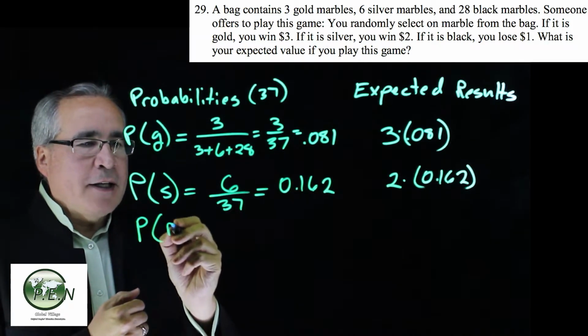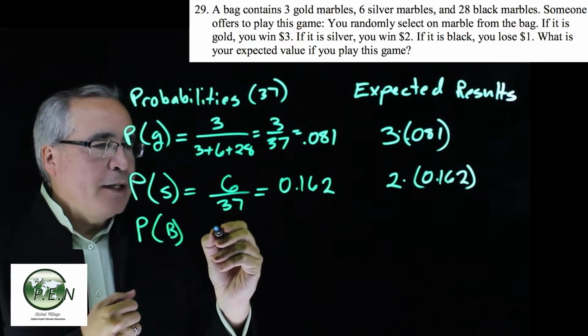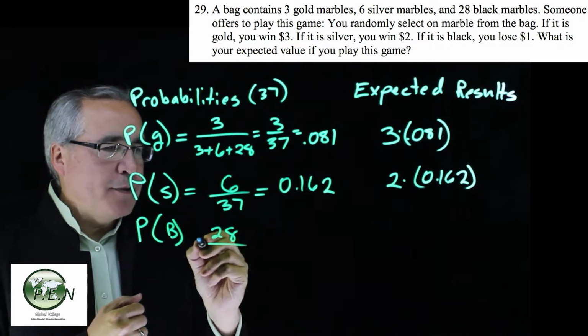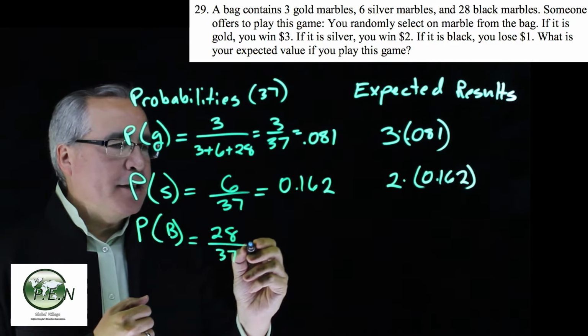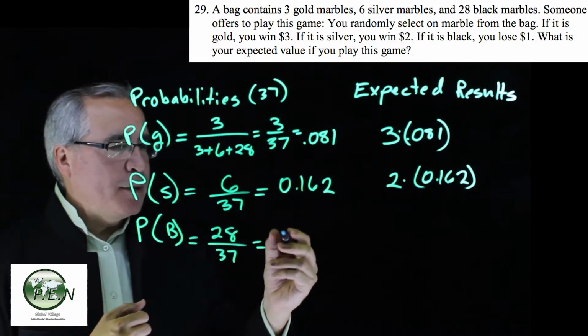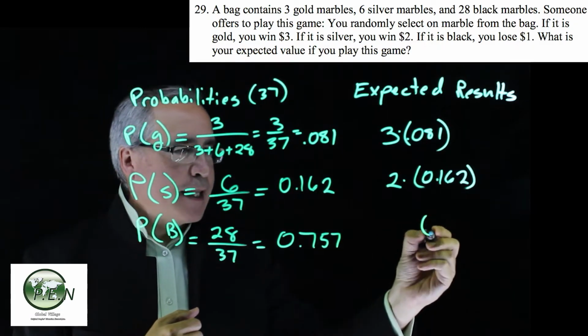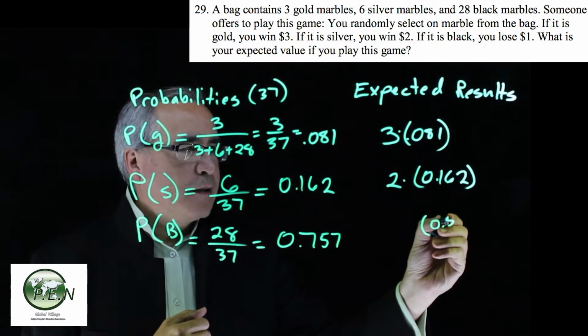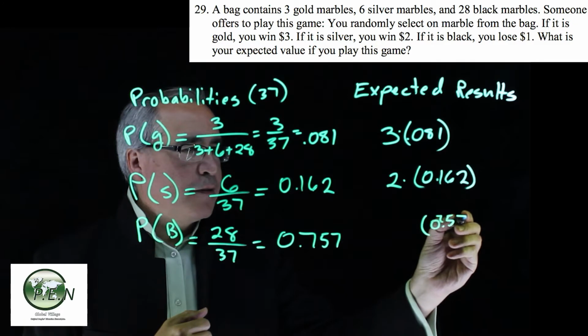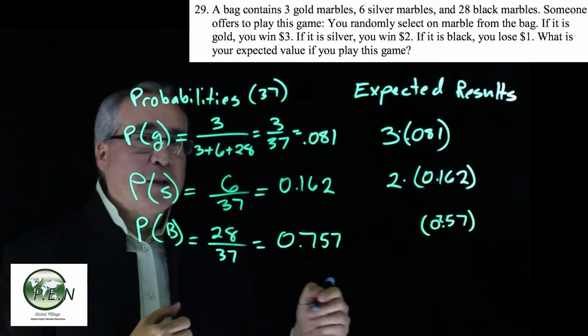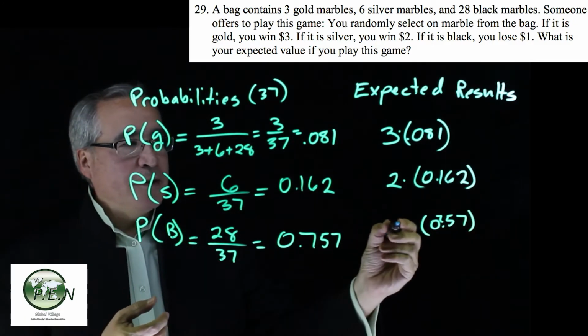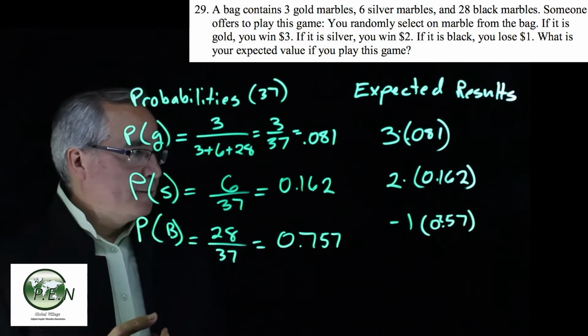Then the probability of getting a black ball, there's 28 of those out of 37. That gives us a decimal of 0.757. So we're going to take that 0.757 and multiply it by the expected result, which is we would lose $1.